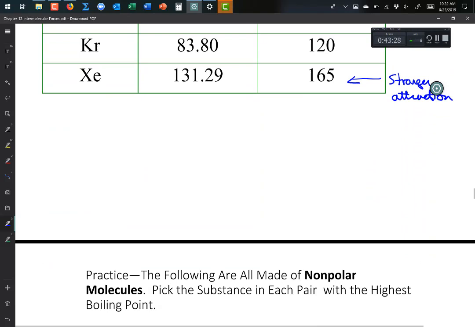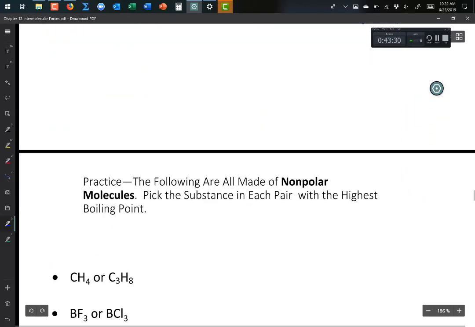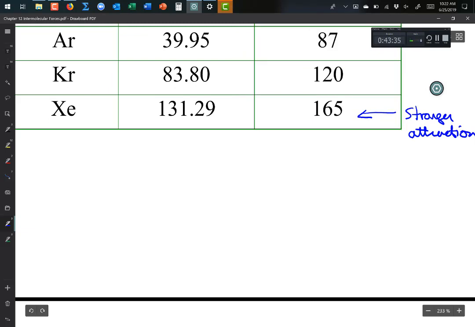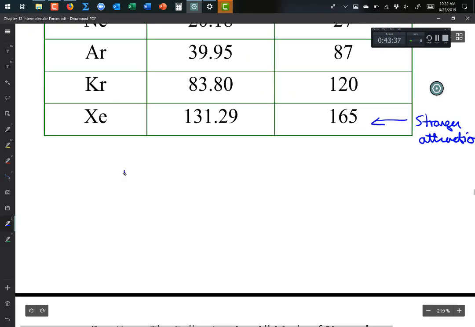Okay, I'm going to teach you one other thing that's not on here. So let's say we have a molecule that looks like this. And we have a molecule that looks like this.